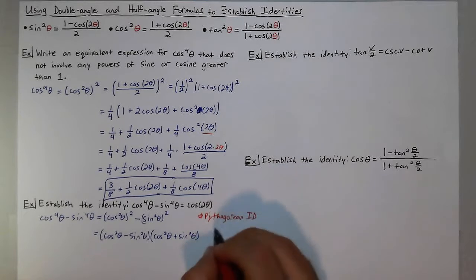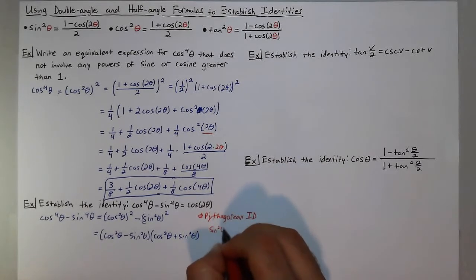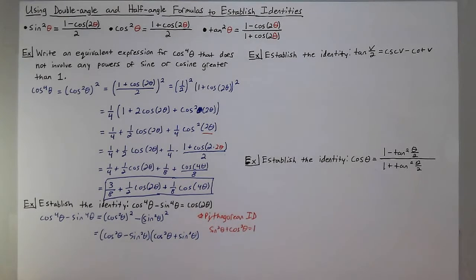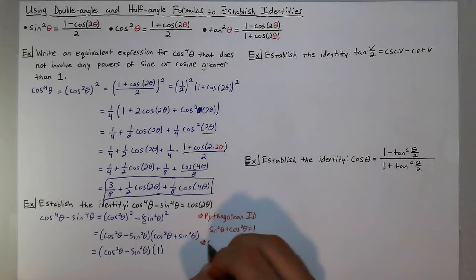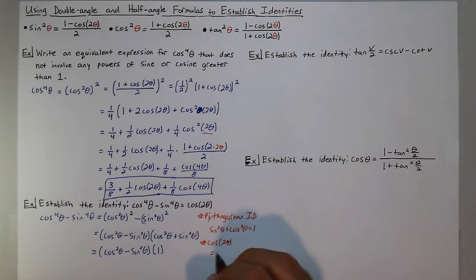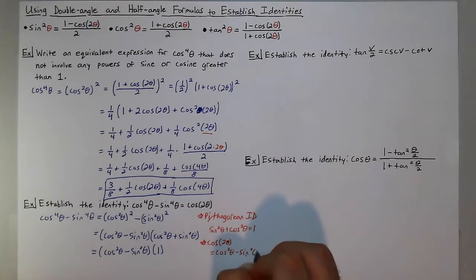The Pythagorean identity is sine squared of theta plus cosine squared of theta is equal to 1. So I'll now have cosine squared of theta minus sine squared of theta times 1. And here's my double angle formula for cosine, since I know that cosine of 2 theta is equal to cosine squared theta minus sine squared theta.